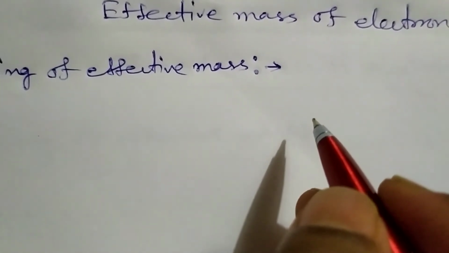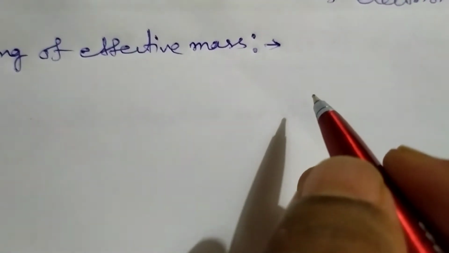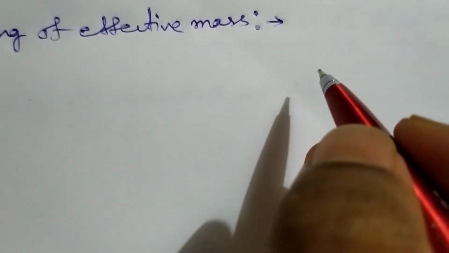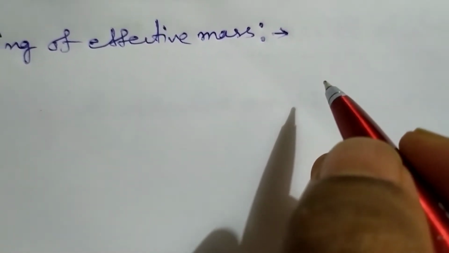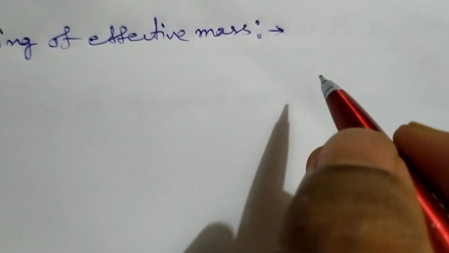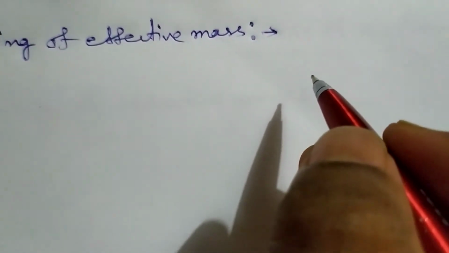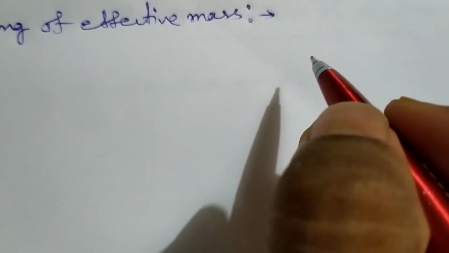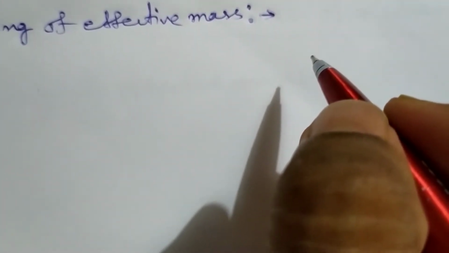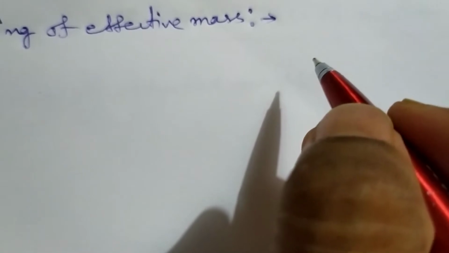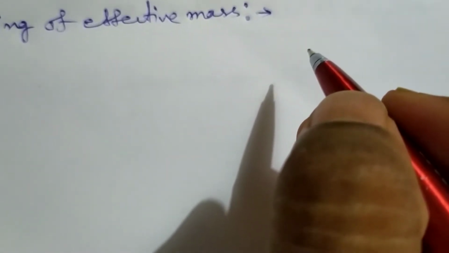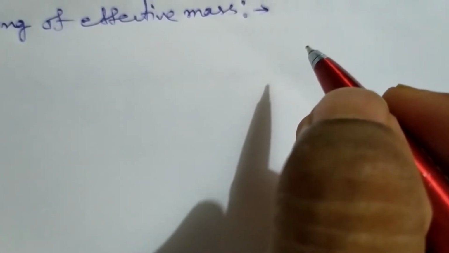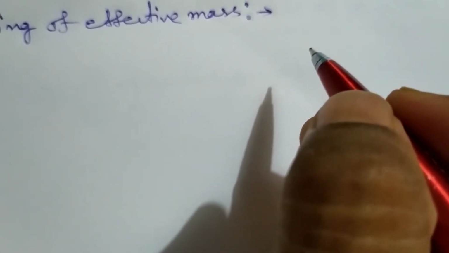We know that an electron has a well-defined mass, and when accelerated by an electric field, it obeys Newtonian mechanics. So it is clear to all. Now, suppose we consider the case when the electron is inside a crystal. Actually, the electron in a crystal interacts with the crystal lattice.